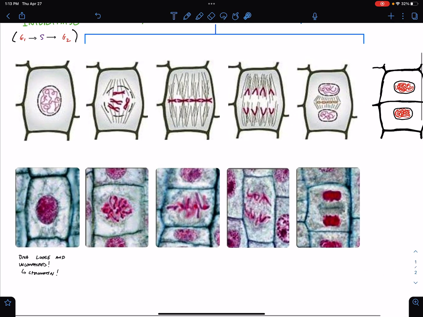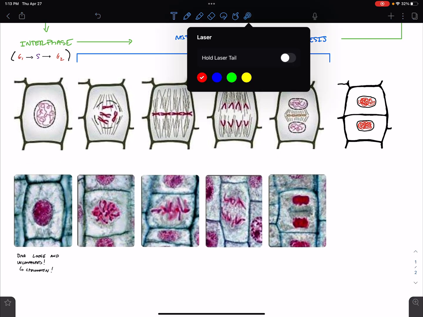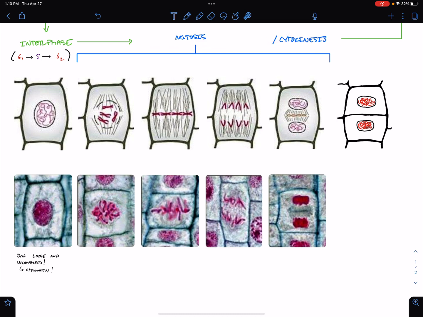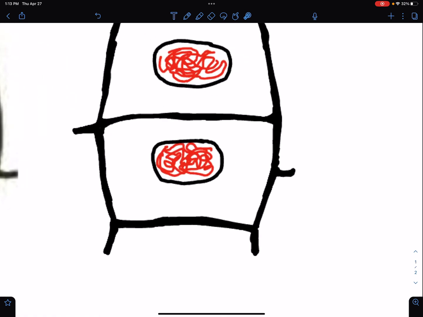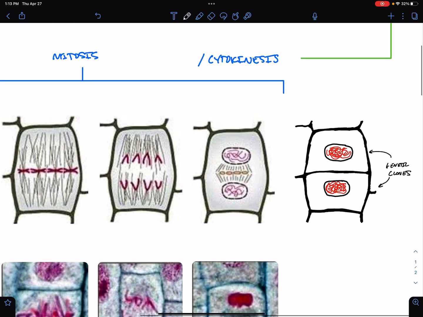I guess I should have talked about this before it all begins. When a cell divides from 1 cell into 2 cells, we're going to end up with 2 daughter cells that are genetic clones of one another. What this means is that if you were to look at this cell and compare it to this cell, you would see that they're exactly identical.